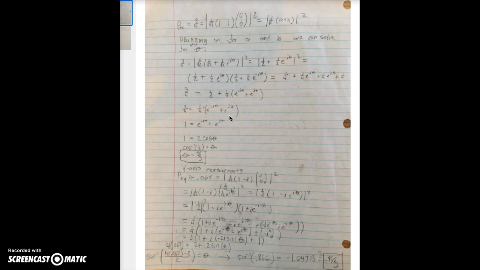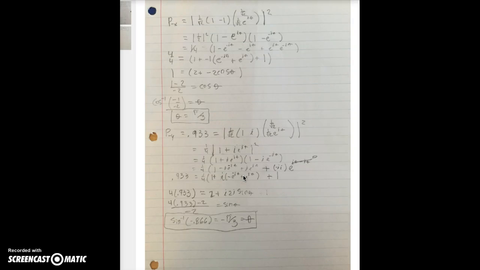And then for the y-axis in the spin up direction, we do the same thing. Plug in 1 over root 2 for A and 1 over root 2 times e to the i theta for B. Take the modulus squared, and we solve for theta, and we find that theta is equal to negative pi over 3 for a measurement of spin up in the y direction.